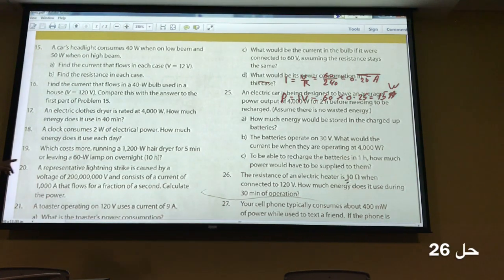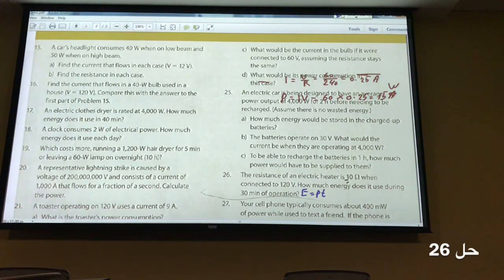He gave you the resistance, the volt and the time. He asked about energy, so E equals P T.